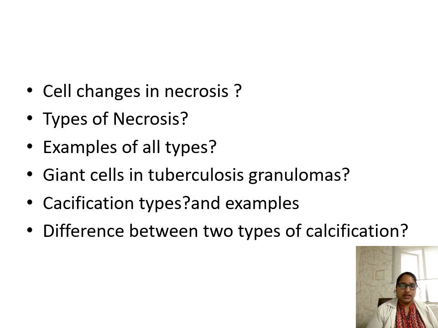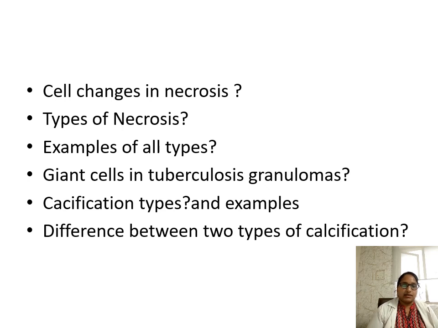What are the types of necrosis? There are five types of necrosis: caseous necrosis, coagulative necrosis, liquefactive necrosis, fat necrosis, and fibrinoid necrosis. Coagulative necrosis is the most common type, and it occurs in solid organs like kidney, heart, liver, and spleen.